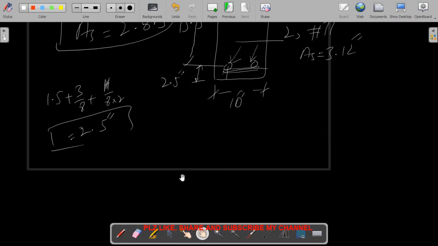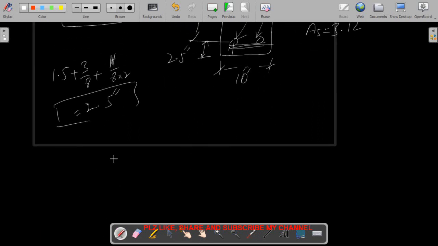We can check, we can review this problem as we did in lecture 01, example 01, example 02, example 03, how to check this design. Checking means we have to check the design capacity, that whether our design capacity, that is phi Mn, is more than Mu.